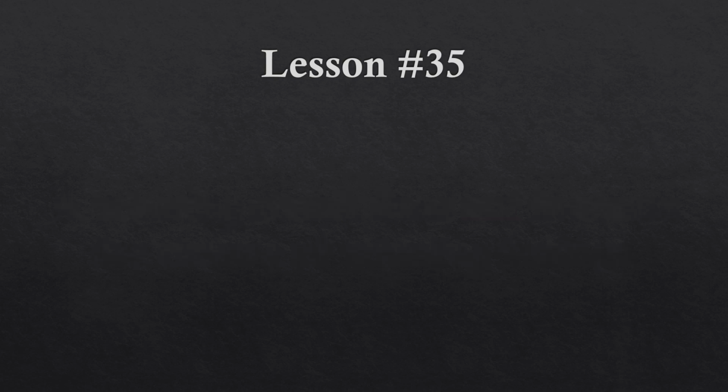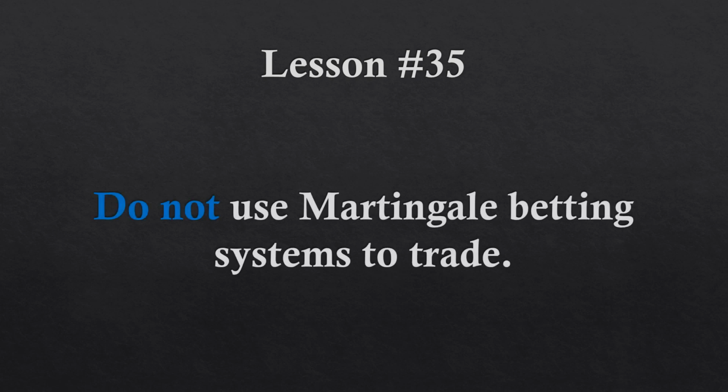Lesson number 35. Do not use martingale betting systems to trade. A martingale betting system is not a risk management style. It's a betting system. It came from gambling. It involves doubling down losses until a win occurs. Eventually, a win will occur, but what martingale users neglect is that this system assumes you have infinite capital.